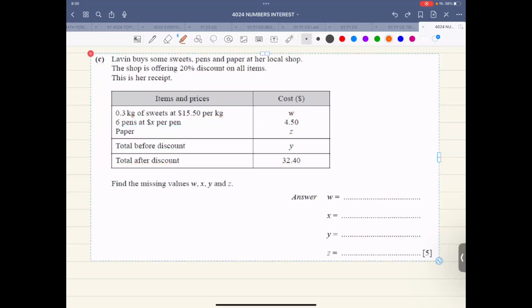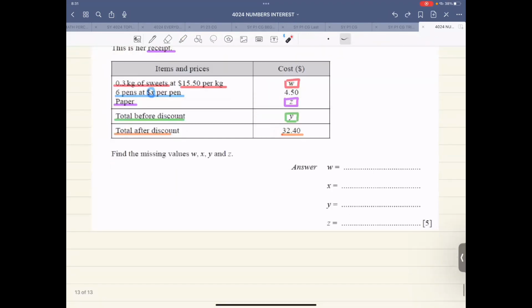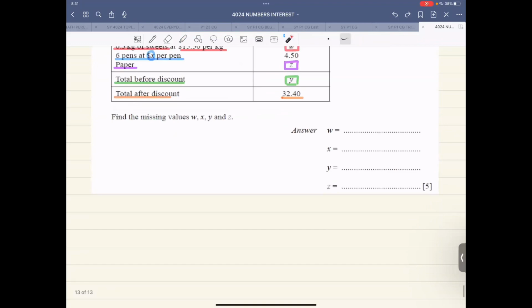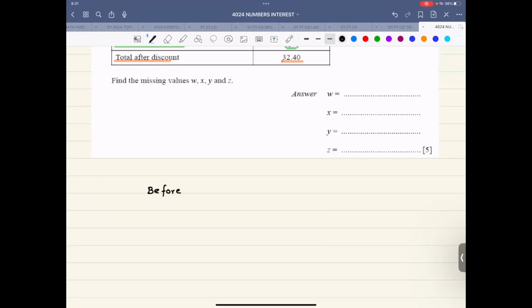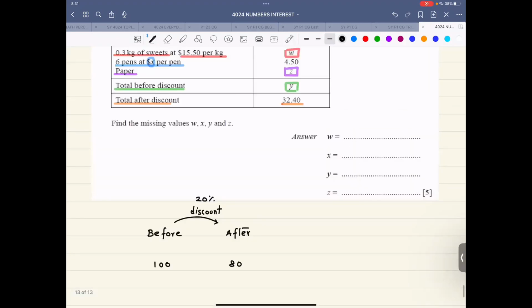First of all, let's do the working using this 20% discount option. This is before discount, this is after discount. So let's focus on this. If the original value is 100, after a 20% discount it will become 80.